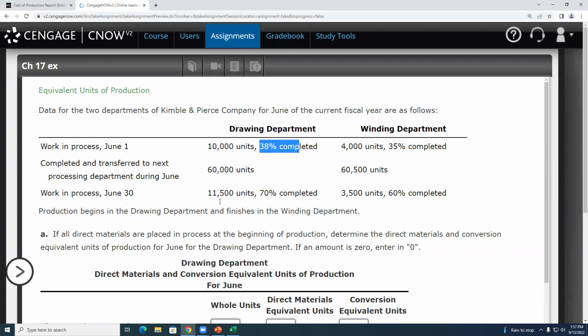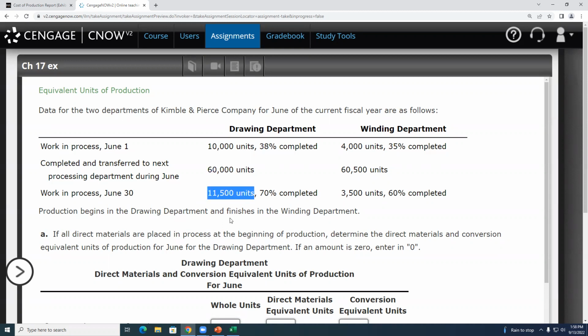Okay. Then in June, we started an additional 60,000 units. So we had 10,000 already in process. We started 60,000 more. So we were working on a total of 70,000 units at some point during the month of June, probably not all at the same time. And at the end of the month, what did we have?